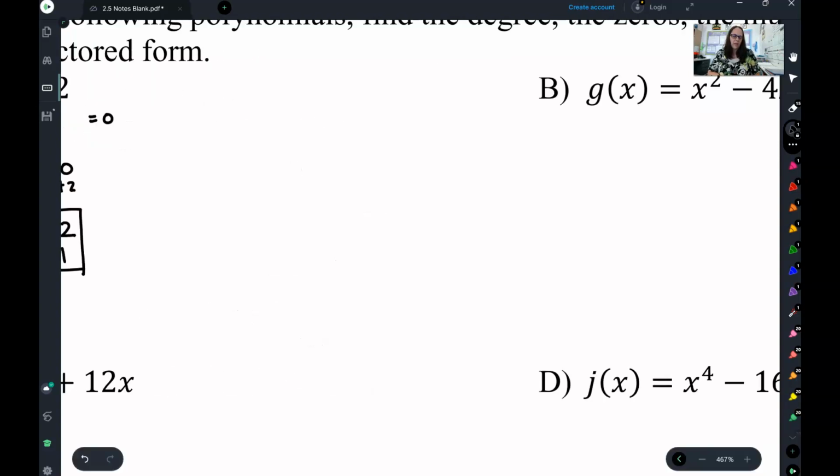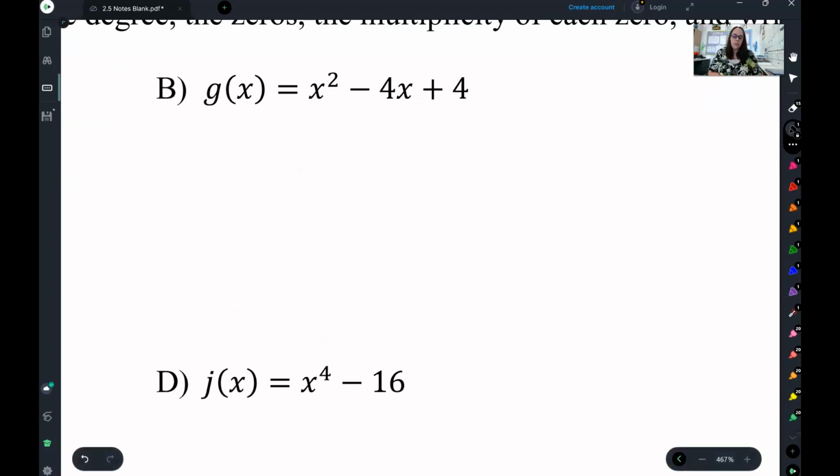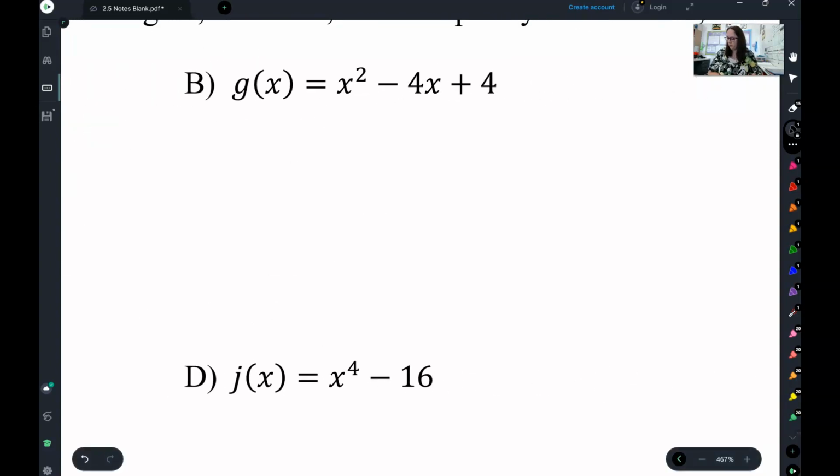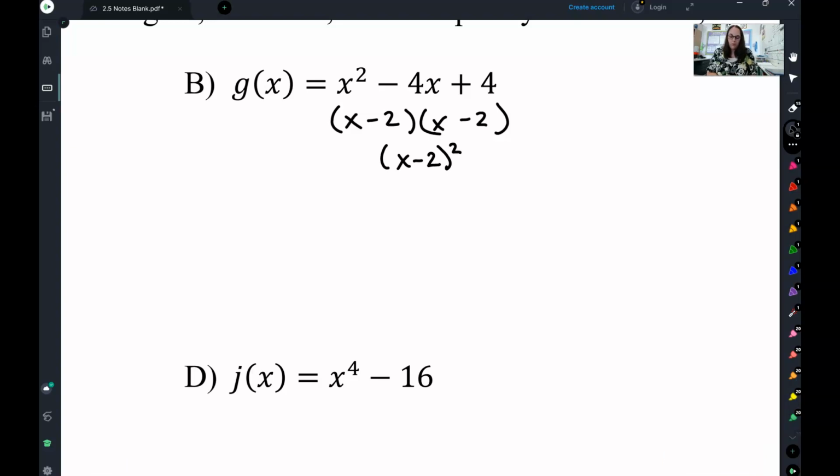So let's try a slightly harder problem. x squared minus 4x plus 4. Well, we can factor this. What multiplies to 4 and adds to negative 4? That'd be negative 2 and negative 2. So this is (x minus 2) squared. So this is a degree 2.